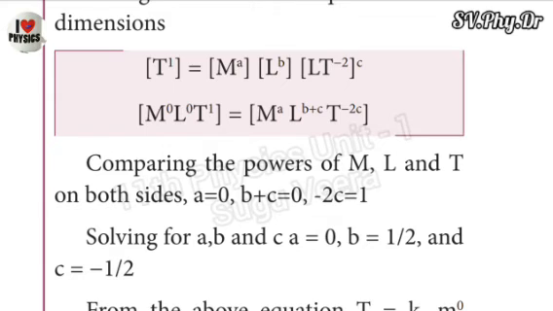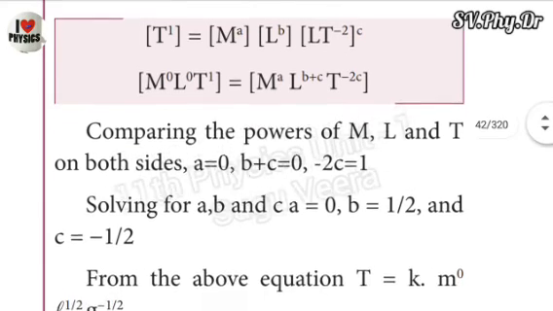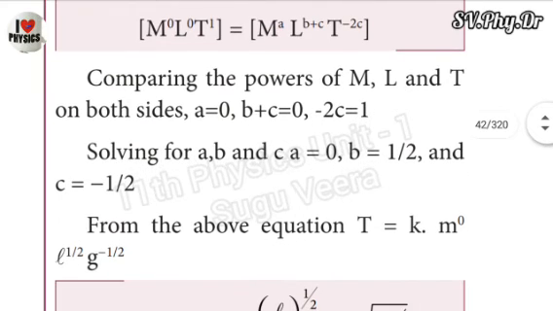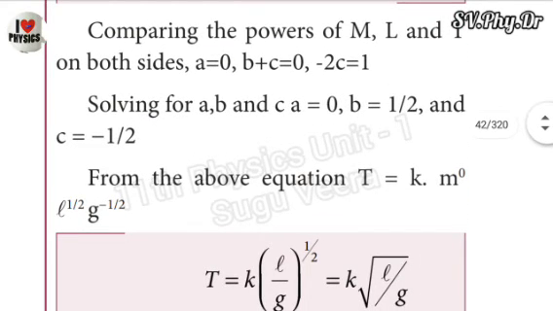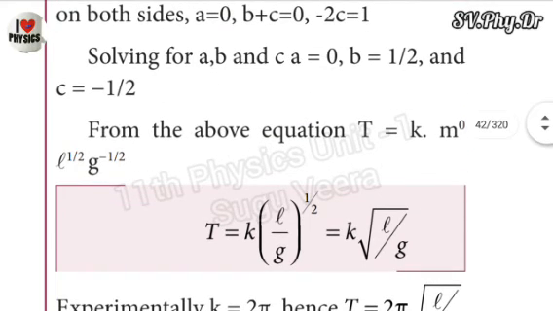So finally we get a equals 0, b equals 1 by 2 and c equals minus 1 by 2. From the above equation, T equals k M power of 0, L power of 1 by 2, g power of minus 1 by 2.